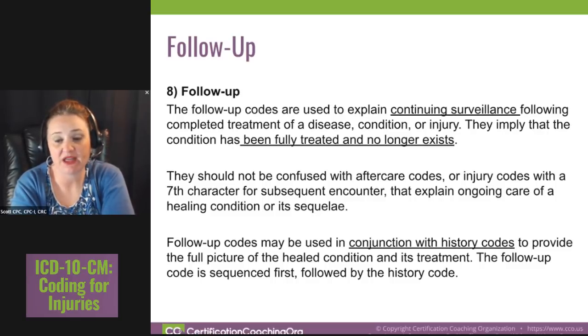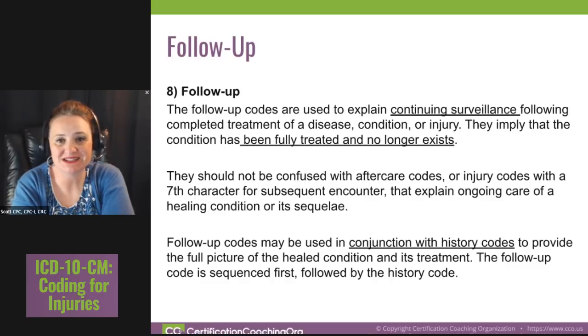Okay, history of a pathological fracture. So the doctor's just following up. How's that knee doing? Let's look at it. Since we put all those pins in there, let's just make sure that the bone's integrity is doing good. So again, history of a pathological fracture, and then the patient has osteoporosis would be coded.